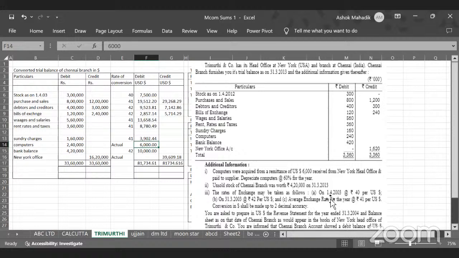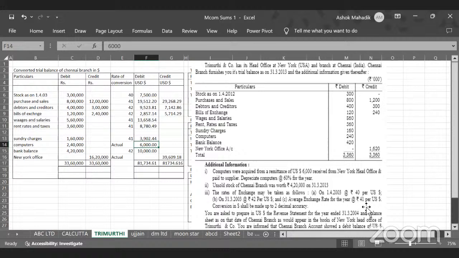In the first adjustment, the first exchange rate should have been 1st April 2012, not 3. So we understand this. Your opening rate is 40, closing rate is 42, average rate is 41.